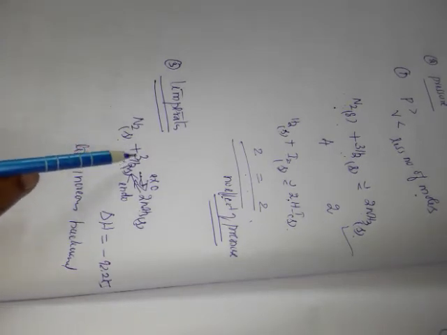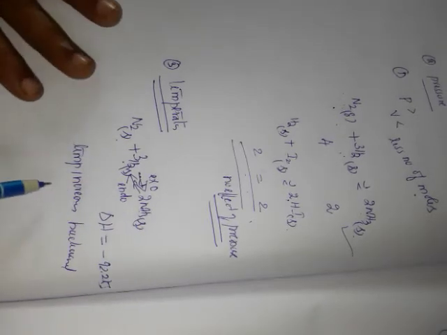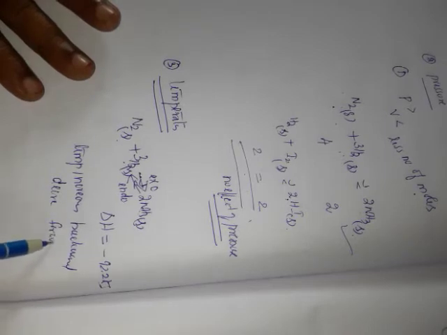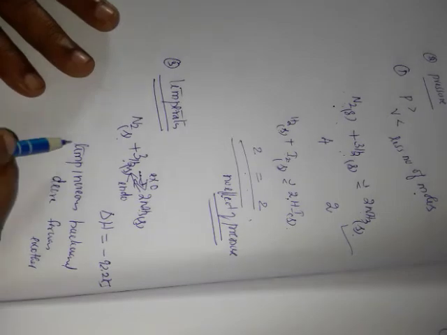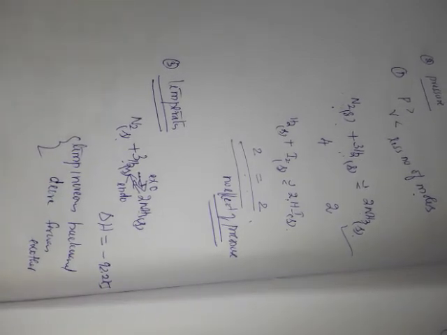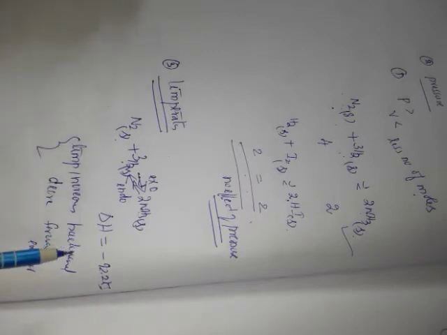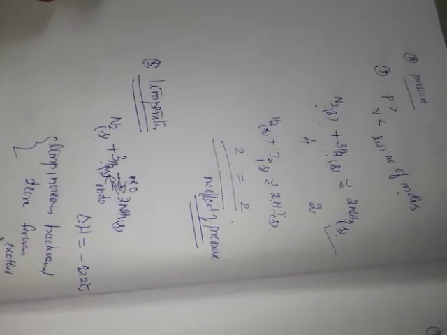N2 and H2 once more combine and give ammonia. So when the temperature decreases, the forward reaction, the exothermic reaction, is favored. Keep these two conditions in mind: if temperature increases, the endothermic backward reaction is favored; if temperature decreases, the exothermic forward reaction is favored.